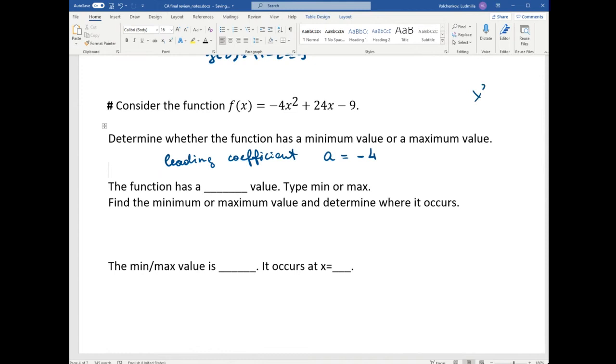So when the function x squared has a graph, a parabola open upward, negative x squared has a graph open downward. So when the leading coefficient is negative, then we have a parabola open downward. It means we have a top point. The vertex is the uppermost point, which is the maximum value. Okay, the function has a maximum value.